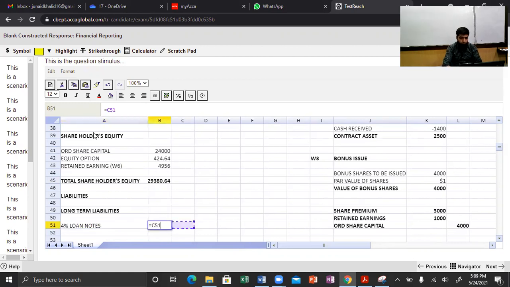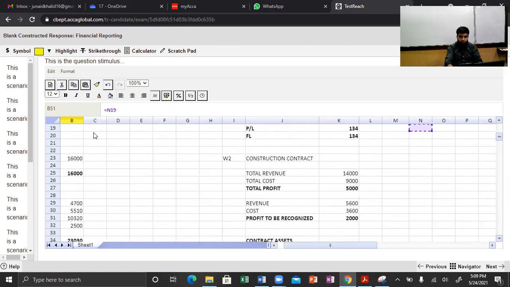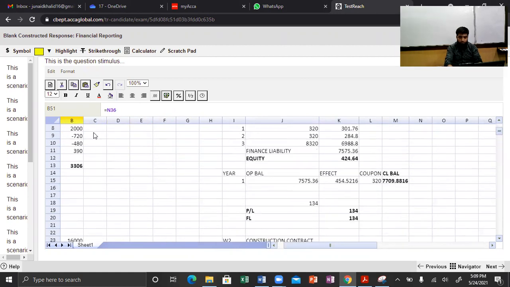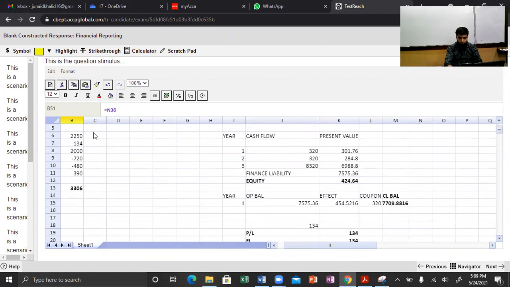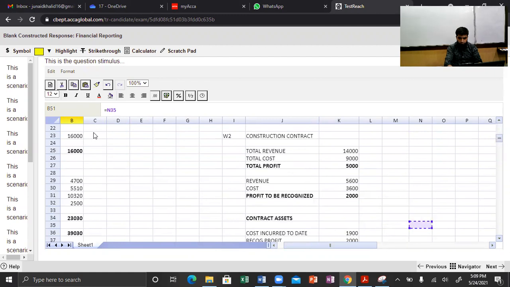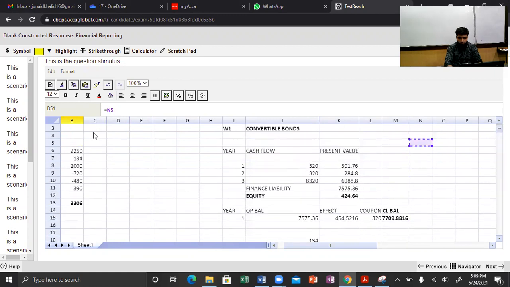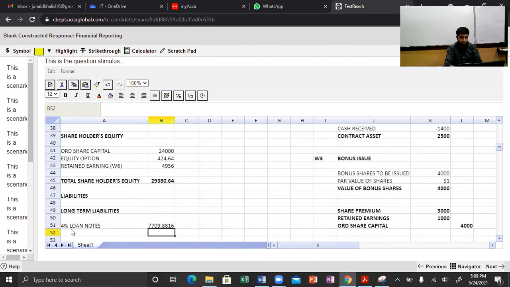The amount which we are going to record in the balance sheet is the subsequent measurement, that is on the basis of amortized cost. That is the 7709.8. That is the loan notes.